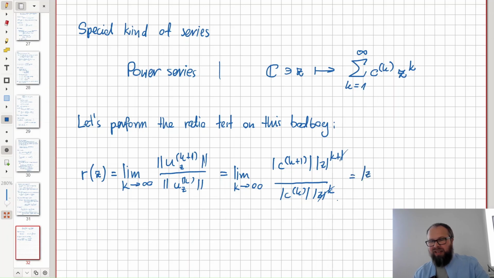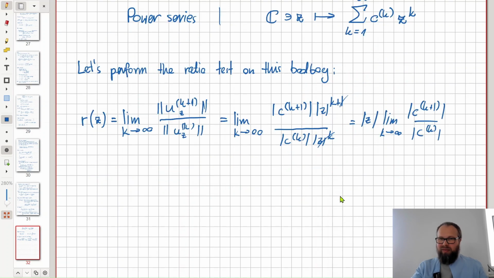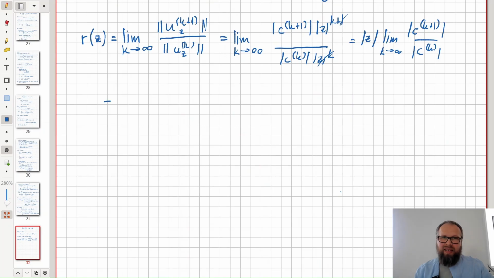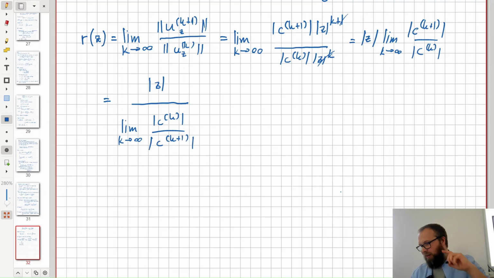We have the absolute value of z times the limit of the ratio of the coefficients, which is also the same as saying z over the limit k to infinity of c_k over c_{k+1}. I just moved it into the denominator. Nothing fancy happened.